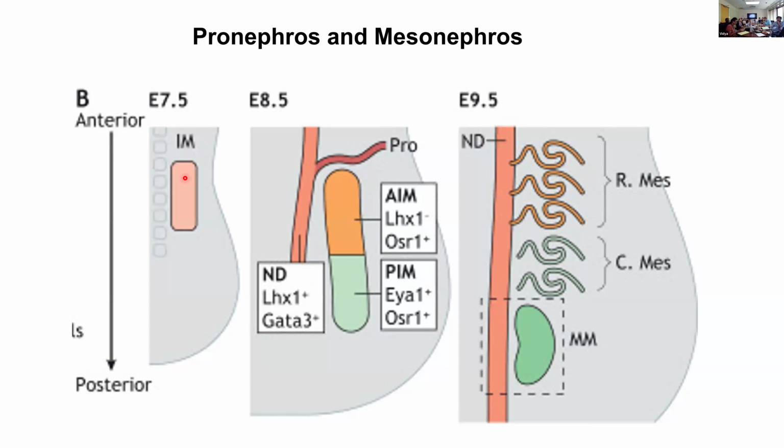Around E8.5 is when you start to see pronephric formation. You will first have a cord called nephric duct. It forms from a nephric cord and then epithelizes later. This forms the nephric duct, and then you will get pronephros.